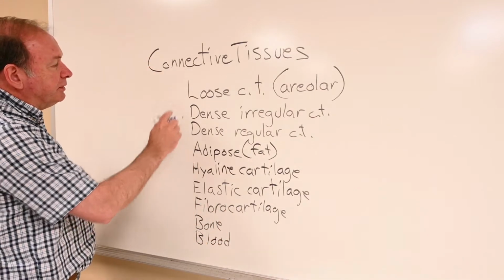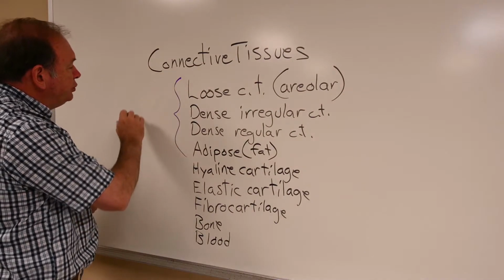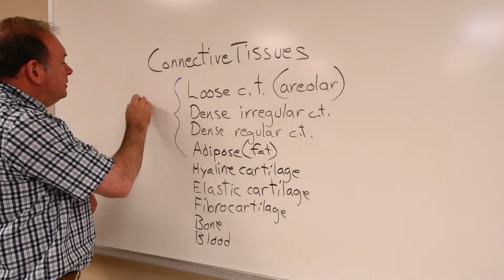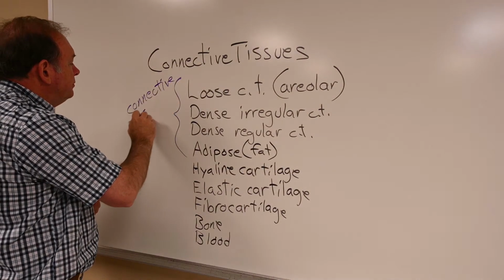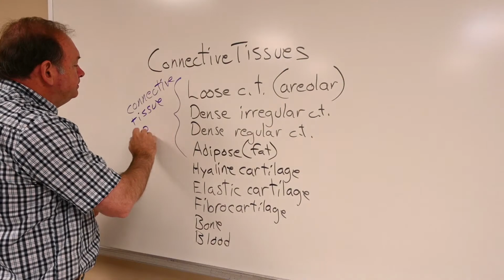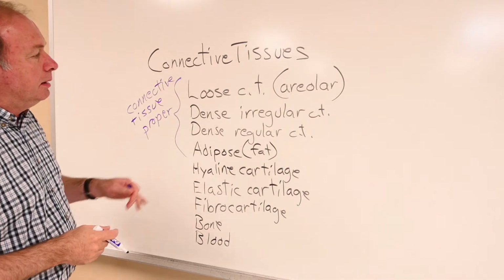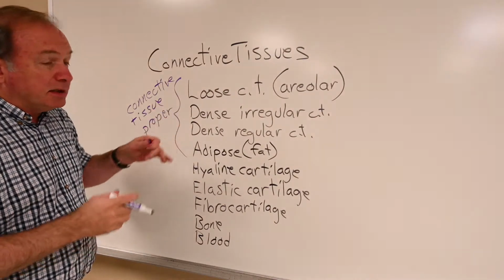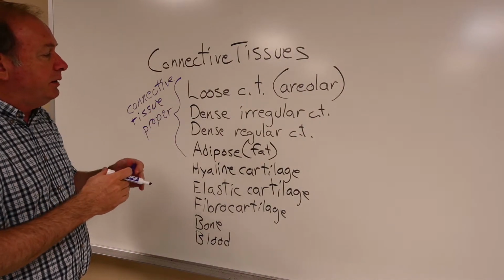So these first categories here, we're going to lump them together in what we call connective tissue proper. These are mainly like space fillers in between one structure and another.